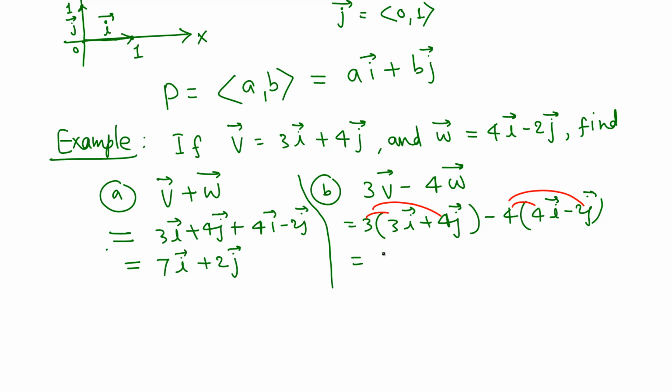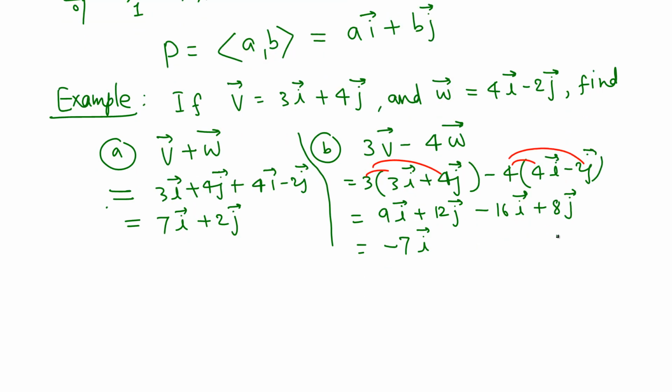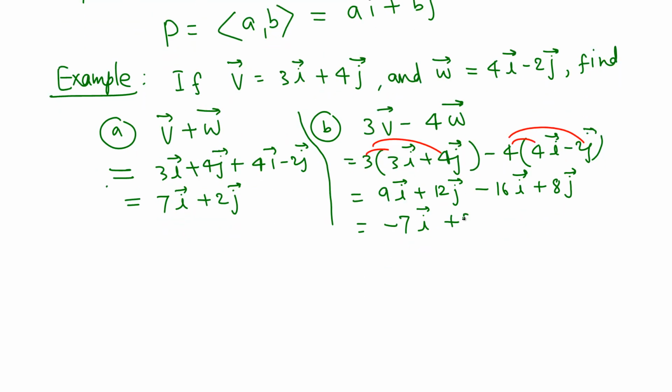That means 3 times 3, 9i, plus 12j minus 16i. Here it is negative, negative, positive: 4 times 2, 8j. Now we combine the like terms. 9i minus 16i is negative 7i. 12j plus 8j, that's 20j.